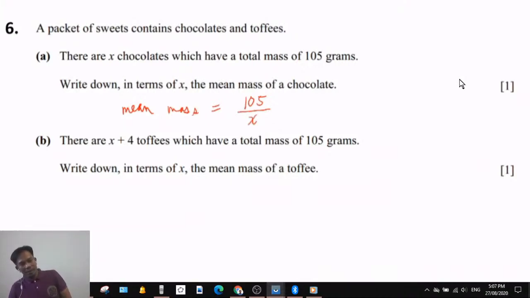So the mean mass of the chocolate is 105 over x. I'm writing this as for chocolate, so that we don't get confused later on.